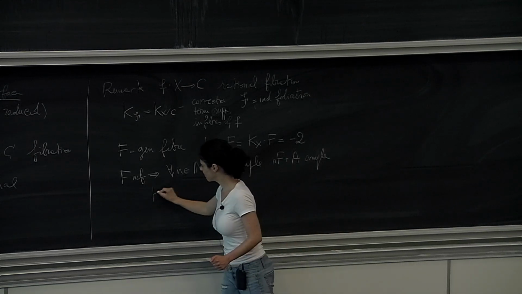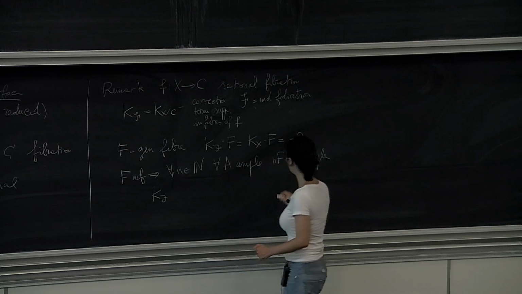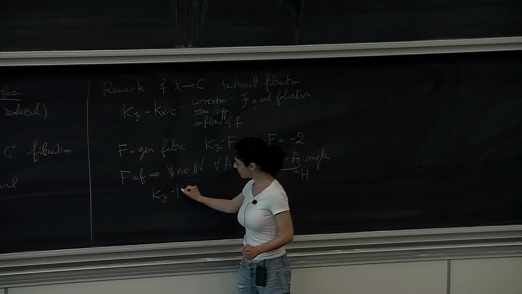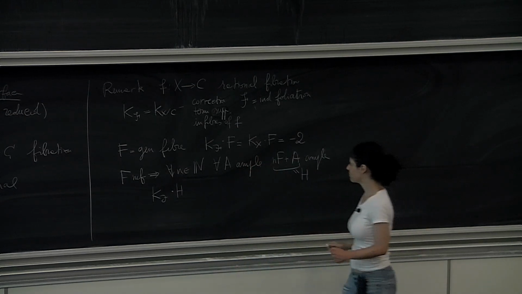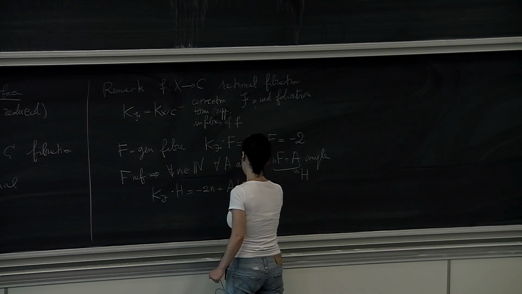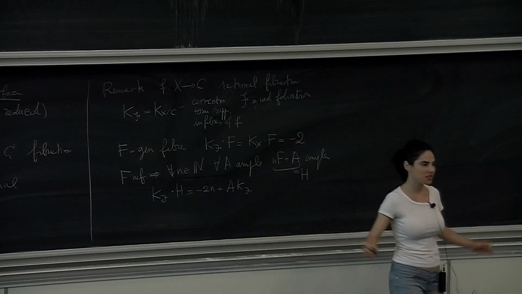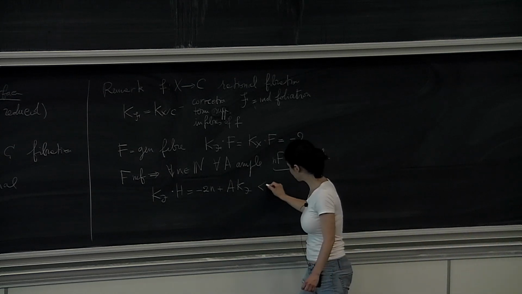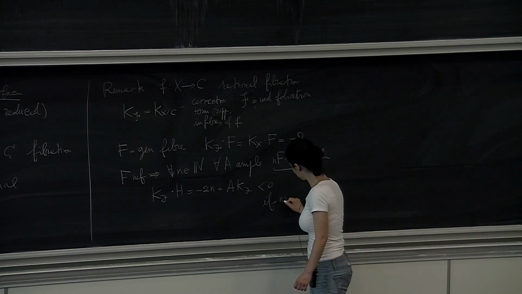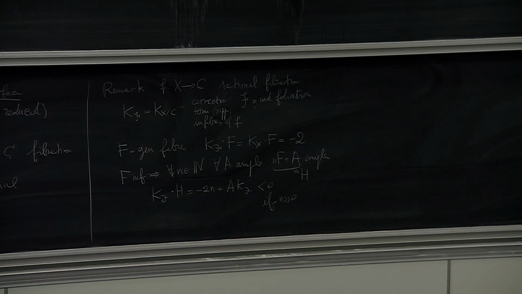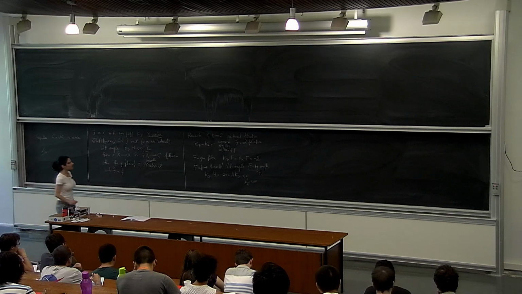Let's call this H. The intersection of K_F and H is -2n plus A times K_F. So if n is very, very big, this becomes negative. So it satisfies the hypothesis of the theorem. Okay? Well, let's get to the proof.